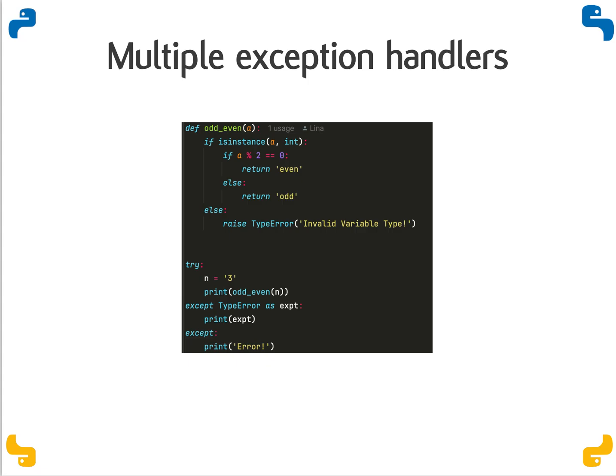Python also allows us to have multiple except blocks after a single try block. Each except block can catch a specific type of error. The code will execute the first except block that matches the error that occurred.